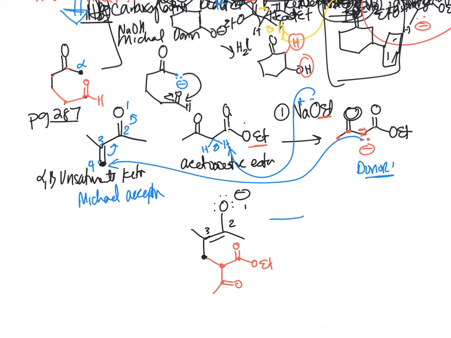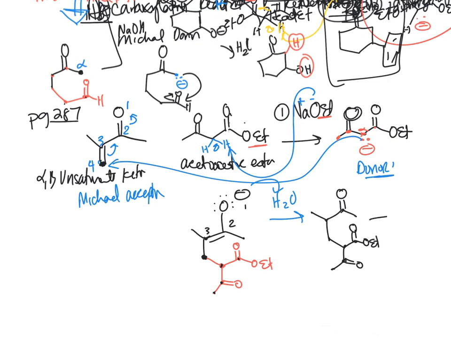And then, of course, this would pretty much pick up water, and then it would undergo enol tautomerization. So I will just go ahead and draw that. Okay, and then we count carbons. 1, 2, 3, 4.